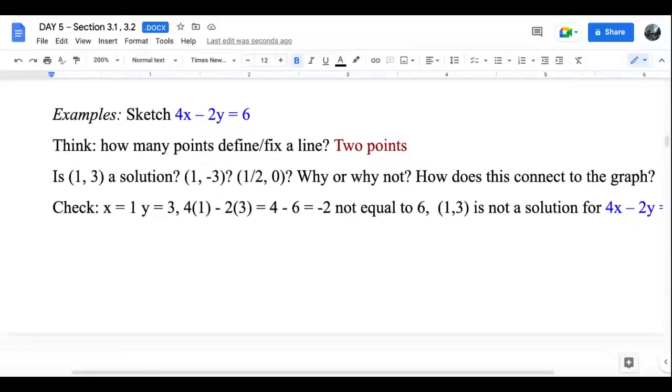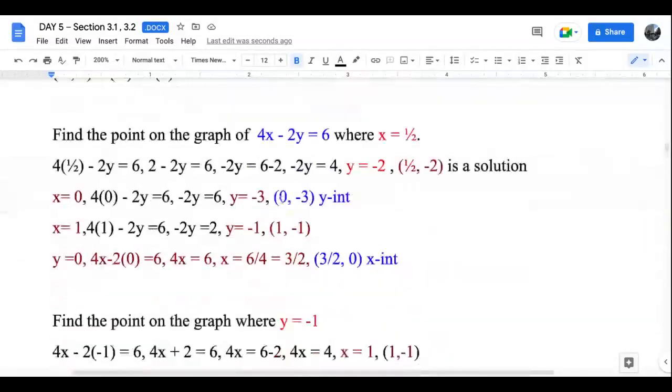And we like to use the x-intercept and the y-intercept. For the y-intercept, we assign x to be 0, then we solve for the corresponding y. For the x-intercept, we assign y to be 0, and we solve for the corresponding x. With these 2 points, we can graph.